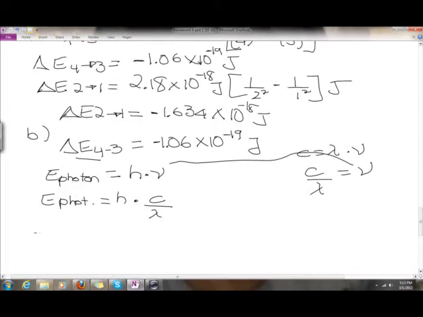So you can plug in 1.06 by 10 to the minus 19, equal to Planck constant.